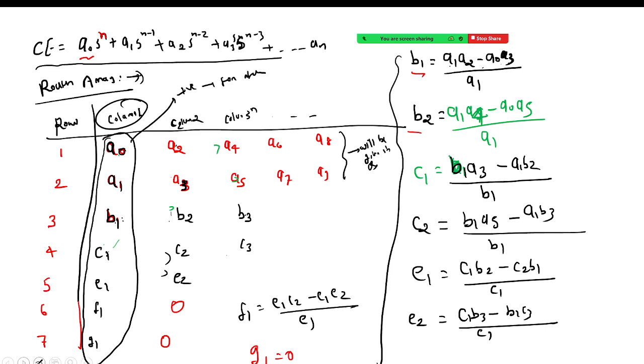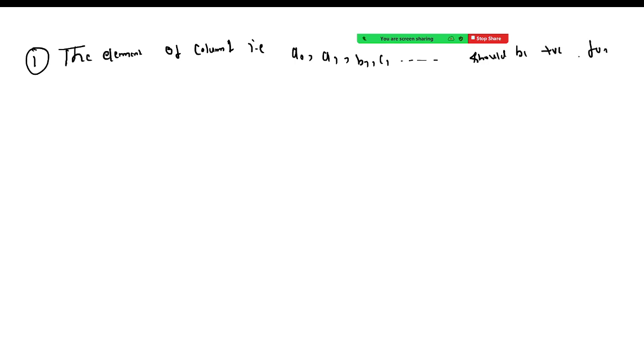So I can write here: the elements of the first column, that is A naught, A1, B1, C1, and so forth, should be positive for the system to be stable. Fine.